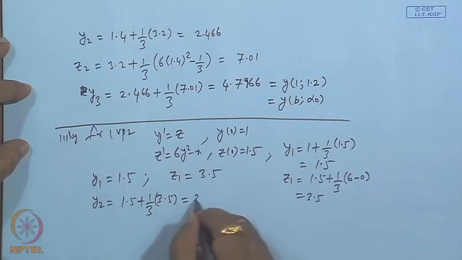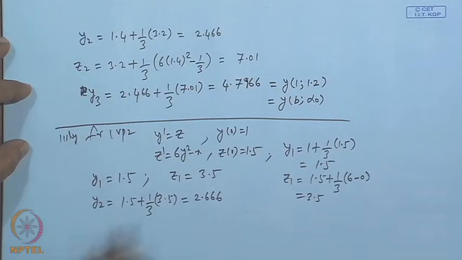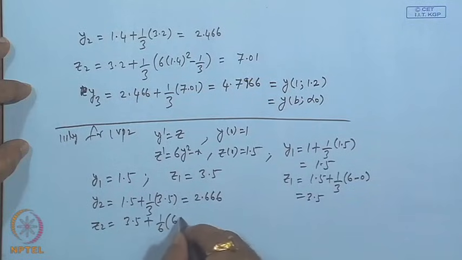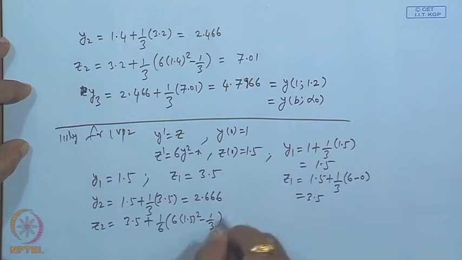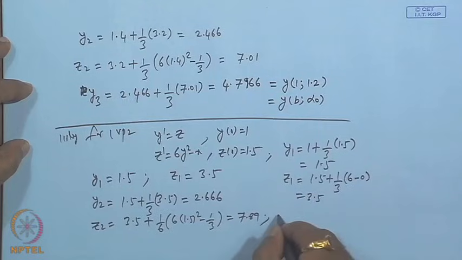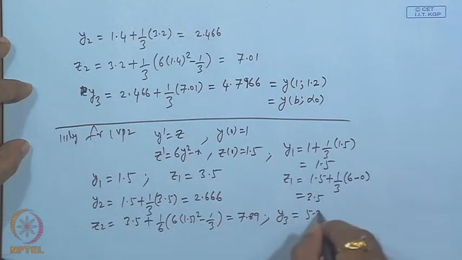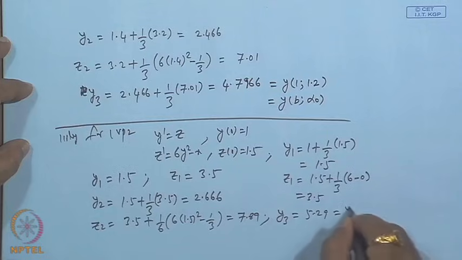And z 2, if we compute from z 1, is z 1 plus 1 by 3 times 6 y 1 square minus x 1. Then y 3 is 5.29, and what is this?